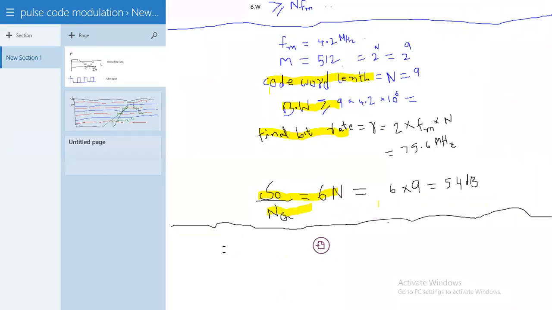We convert that analog signal into digital form, then the digital signal is transmitted. Immunity of noise and interference is increased. That means whatever additive noise is added to the signal during the transmission, that can be reduced by this PCM signal.